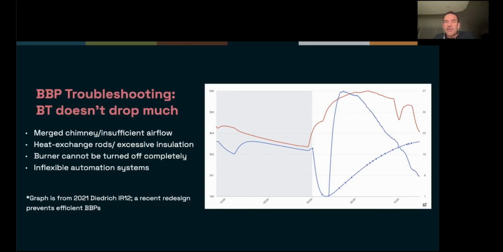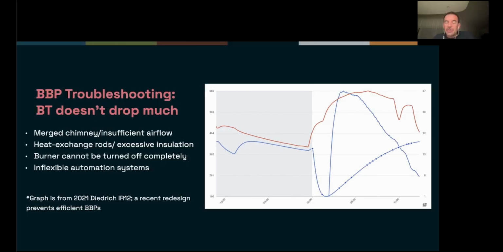There are a few situations that make it challenging to use this between batch protocol. A lot of people have a chimney where there's a hot chimney and there's a chimney for the cooling bin. And if those two chimneys merge into one before leaving the building, then there's a chance that that will get in the way of a successful short between batch protocol, because the cooling fan in roasters tends to be about 3 or 4 times more powerful than the roasting fan.